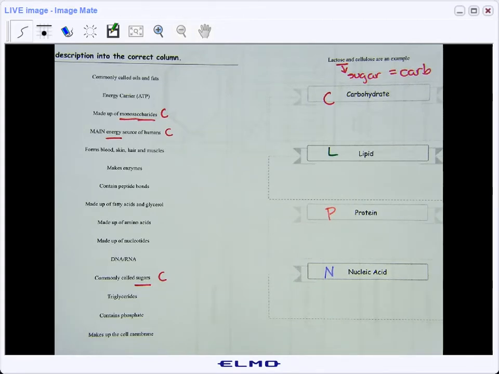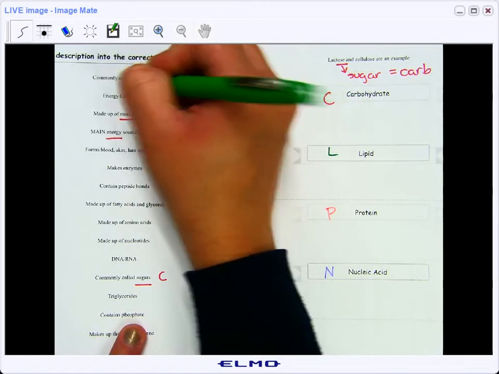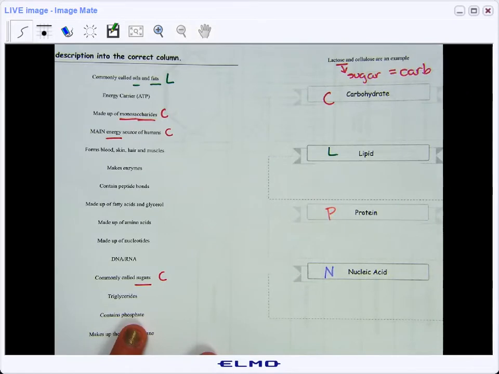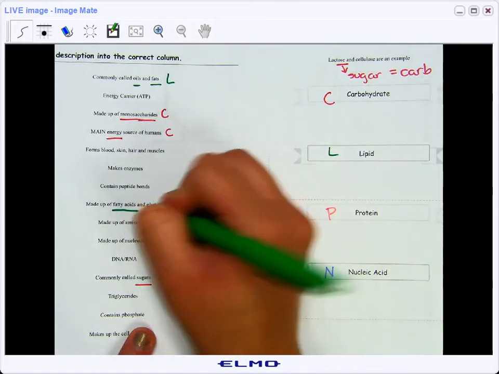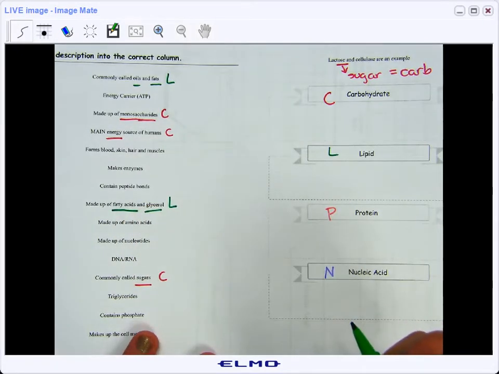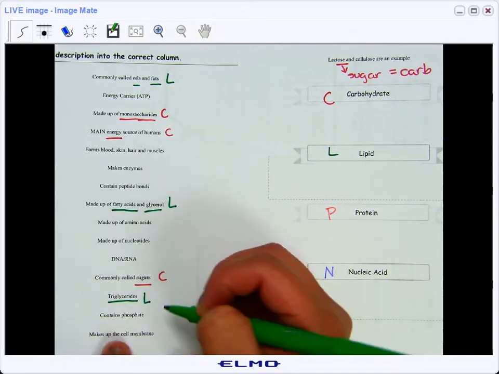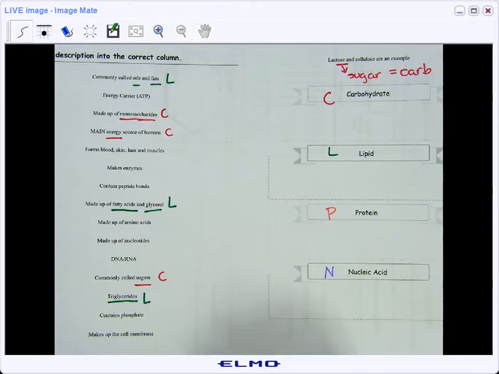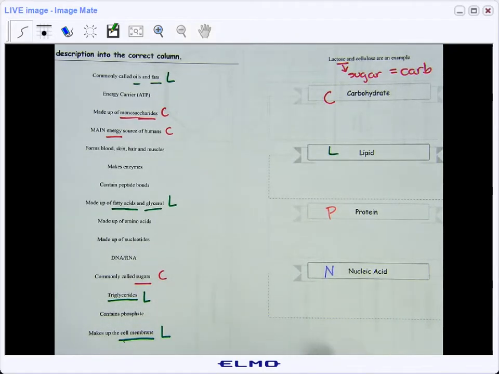For my lipids, oils and fats, those are lipids. My fatty acids and glycerol, those are also lipids. Triglycerides are lipids. They make up the cell membrane with their phospholipid bilayer, so that's my lipid.